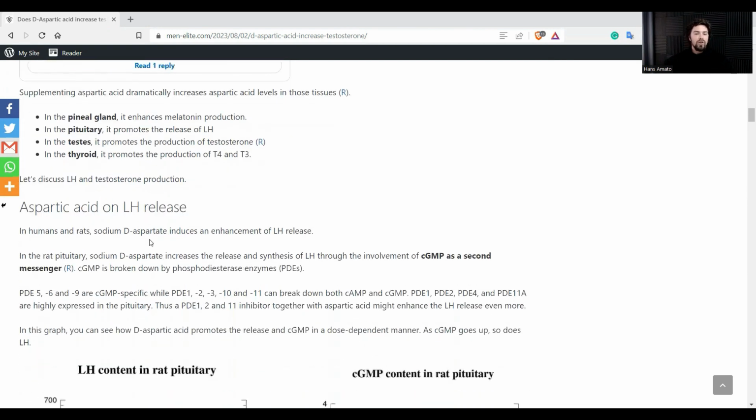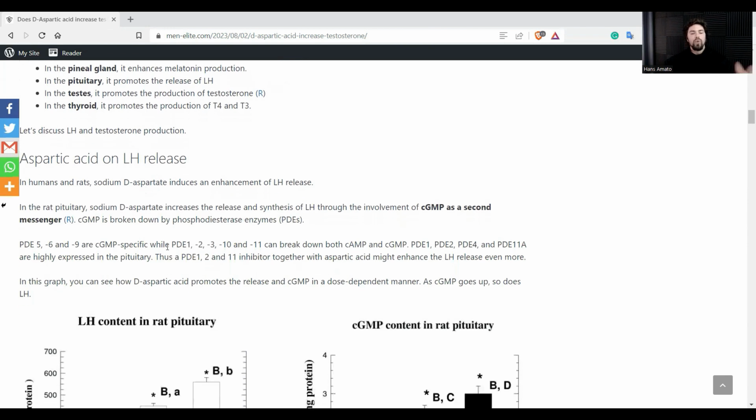Aspartic acid on LH release works by the involvement of cGMP. As you know, PDE5 inhibitors help prevent the breakdown of cyclic GMP, which works as a second messenger. So you can combine aspartic acid, which stimulates the production of cyclic GMP, with a phosphodiesterase inhibitor.